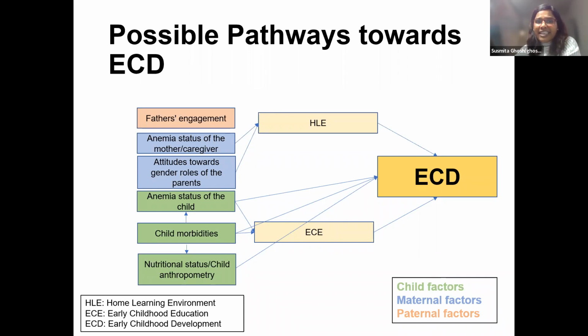Father's engagement in the home learning environment isn't very common in many contexts, due to cultural variation. So if the fathers are engaged in the home learning environment, how does it affect early childhood development? And the other factors, as I mentioned, are water, sanitation, and hygiene, or the home environment, which can also affect child morbidities, and that can lead to early childhood development.